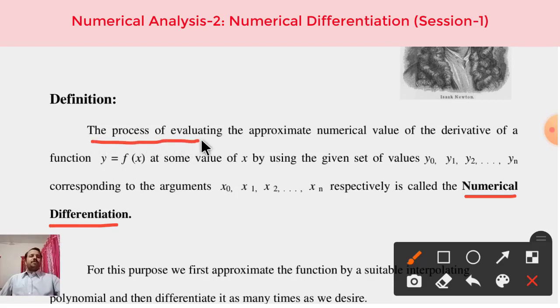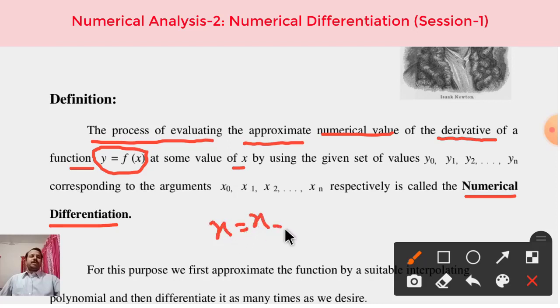The process of evaluating the approximate numerical value of the derivative of the function y equal to f of x at some value of x, say for example x equal to xr, simply by using the given set of values of y, namely y0, y1 dot dot dot yn, corresponding to the given discrete values of x, namely x0, x1, x2 dot dot dot xn respectively.